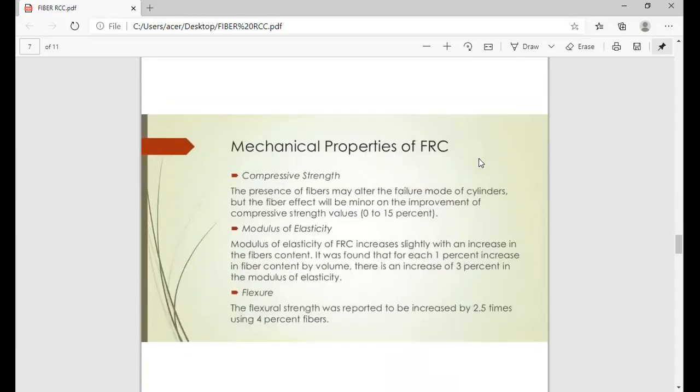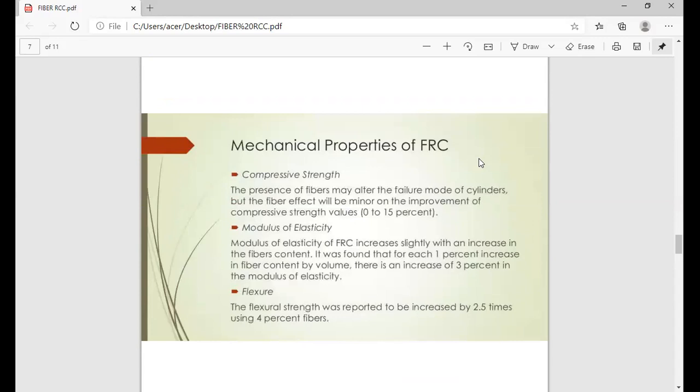If we talk about the mechanical properties of fibers, for compressive strength, the presence of fiber may alter the failure mode of the cylinder, but the fiber effect will be minor on the improvement of compressive strength, that is 0 to 15%. For the modulus of elasticity, the modulus of elasticity of fiber reinforced concrete increases slightly with an increase in fiber content.